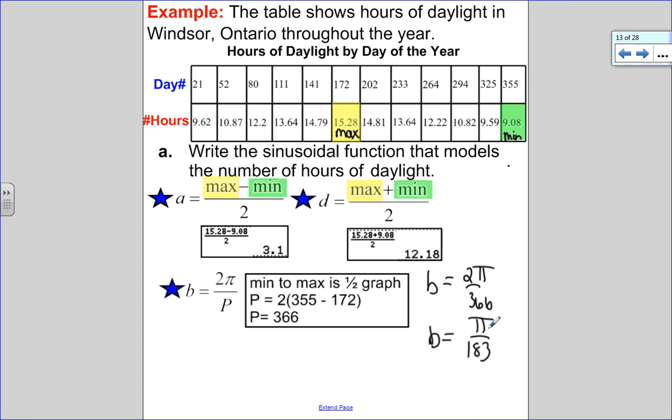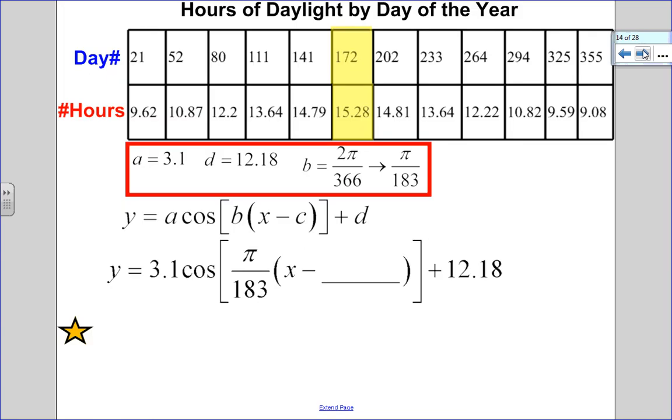Now it's just down to c. So c for cosine first. Remember, the cosine starts either at a max or a min, and we want to find the closest max or min to the y-axis. Looking at this one here, I can see that I have a maximum point at 172, and that's less than half of the period, so it looks like it might be good.